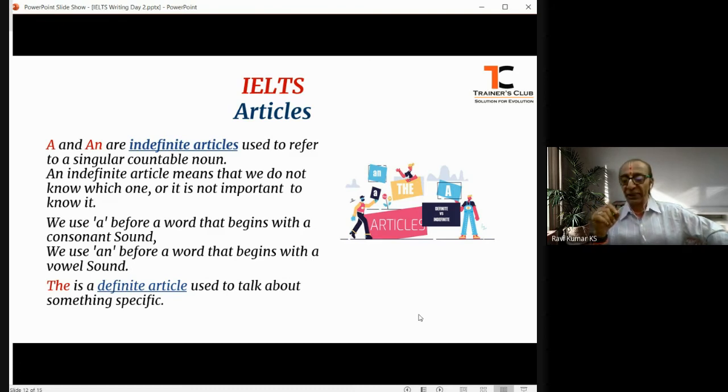These sort of things. Though the first letter of the word is a vowel, U or O, they are not used with an; a is used.